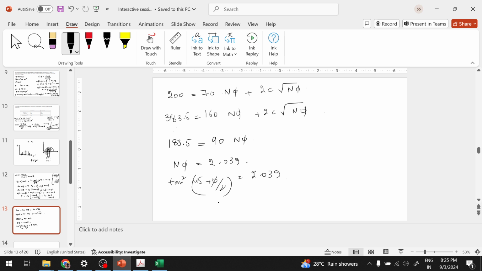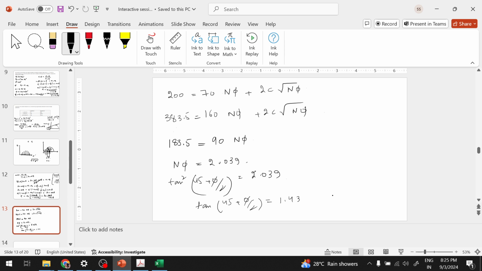Taking the square root, that implies tan of (45 plus phi by 2) equals 1.43.